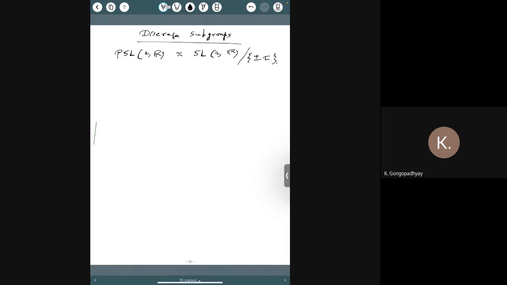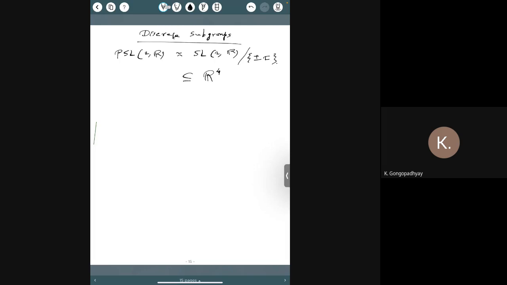Elements of PSL2R are (AZ plus B) by (CZ plus D), or in other words, you can consider it as something inside R4.